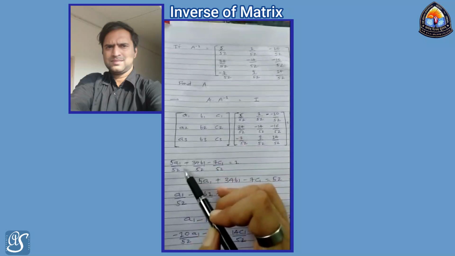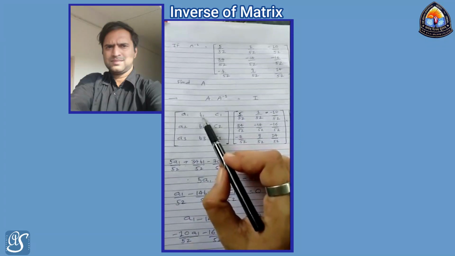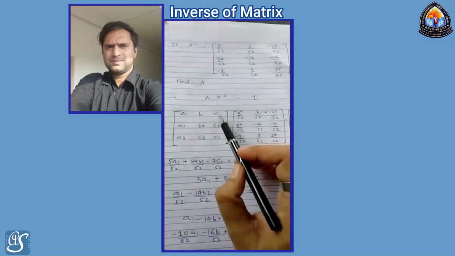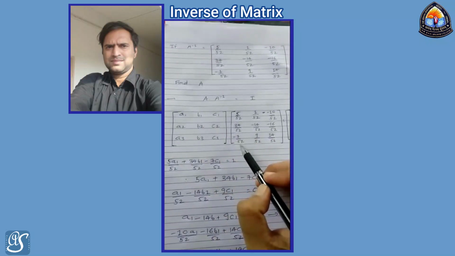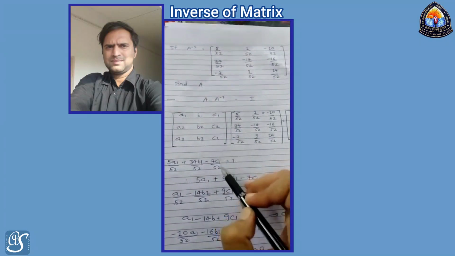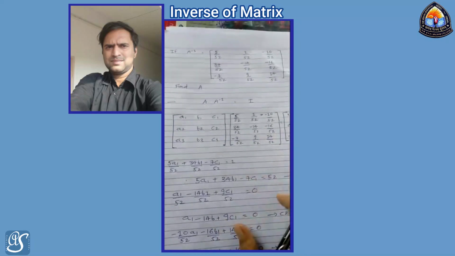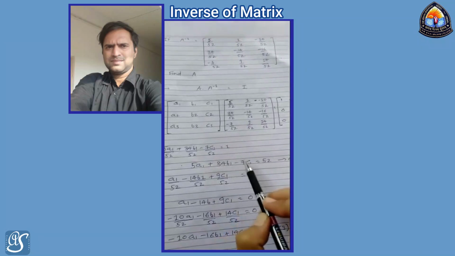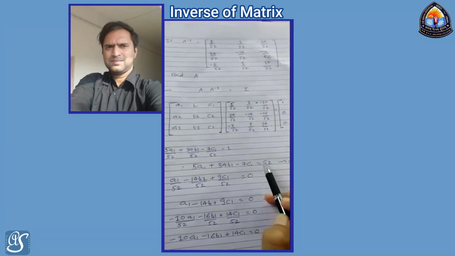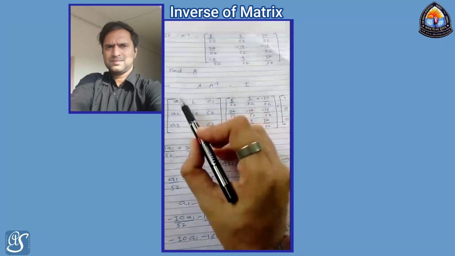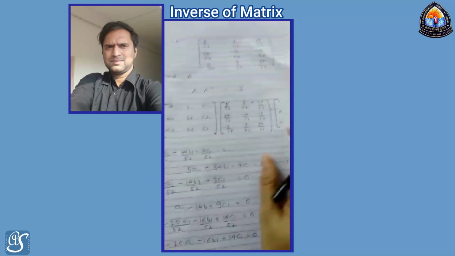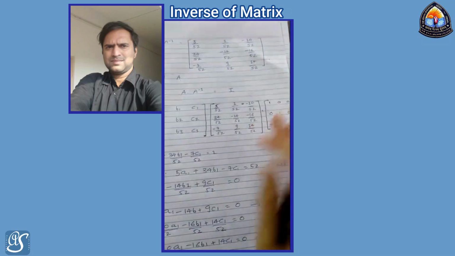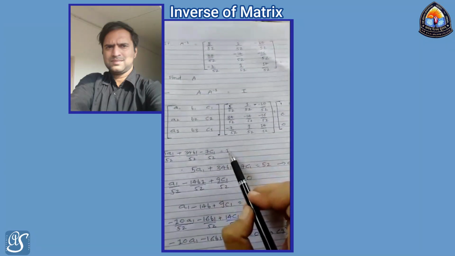So 5A1 upon 52, B1 into 34 upon 52, so 34 B1 upon 52, C1 into minus 7 upon 52, so minus 7 C1 upon 52 is equal to 1. So 5A1 plus 34 B1 minus 7 C1 is equal to 52, and the multiplication of first row and first column is compared with the unit matrix, so it is equal to 1.